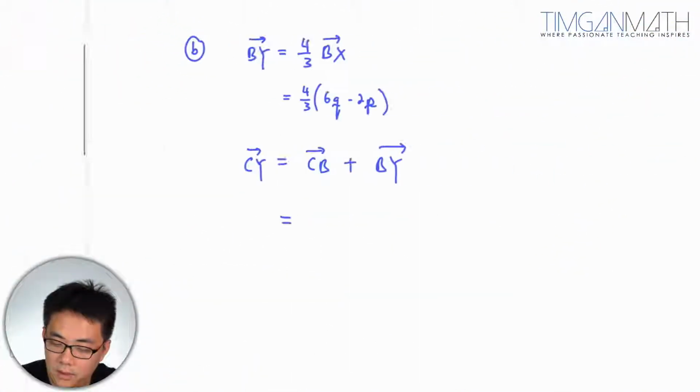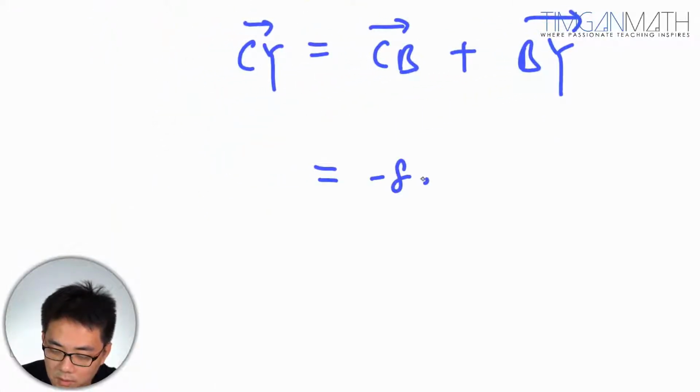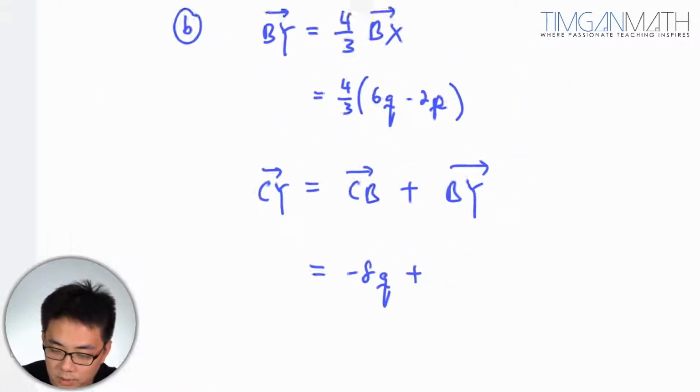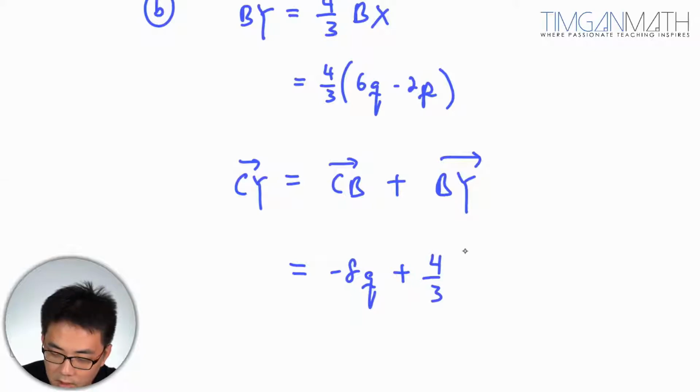C to B is minus 8q, plus BY, which is what we found just now, which is 4 over 3 times 6q minus 2p.